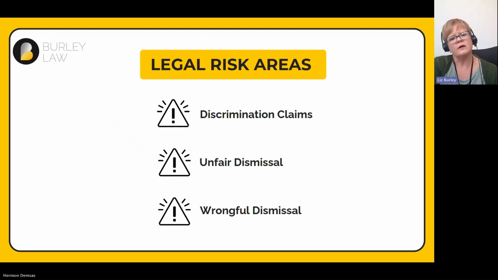Remember that claimants, that's employees, whether they're still in employment or their employment's come to an end, have 3 months typically to bring a complaint of either unfair dismissal or discrimination in the employment tribunal. So they have to act quickly. But 3 months can be a long time, and during that period, the employee would have to notify ACAS that they're going to bring a complaint, that they're not happy.